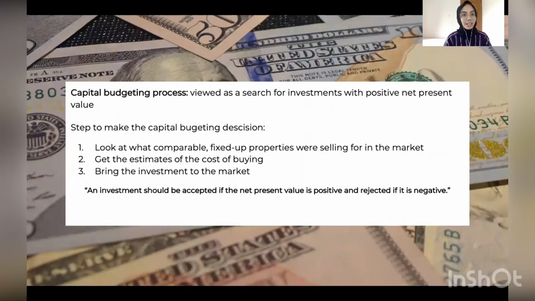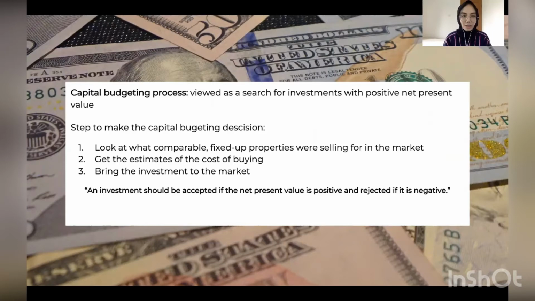And then there is the capital budgeting process. The capital budgeting process is viewed as a search for investments with a positive net present value. The steps to making the capital budgeting decision: the first one is to look at what comparable fixed-up properties were selling for in the market. The second is to get the estimates of the cost of buying.